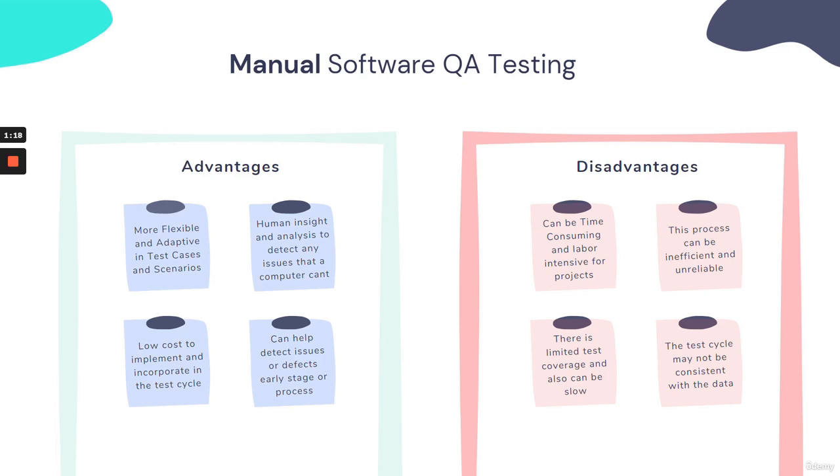The test cycle may not be consistent with the data. And as we've mentioned, it is labor intensive; with manual software testing, you are basically spending more time and effort on doing something over and over again, systematically.